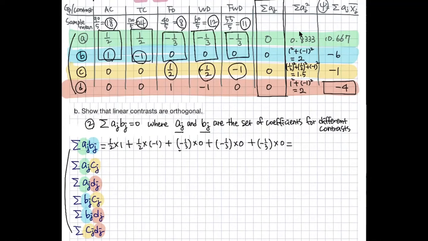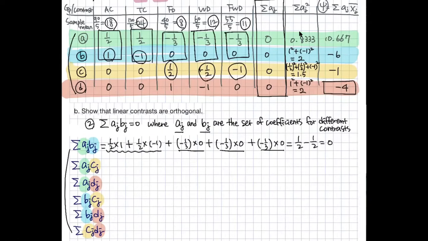Something times 0 is always 0, so we don't need to consider the last 3 terms, and we only consider the first 2 terms. 1/2 minus 1/2 is 0.